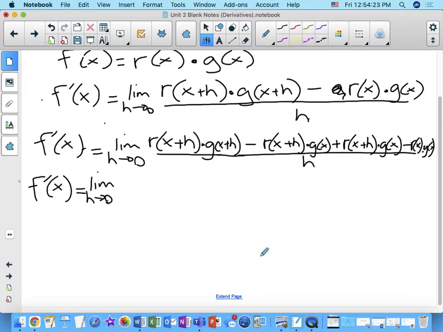So in these first two terms, I have this common factor of r of x plus h. So I'm going to factor that out. And what's left is g of x plus h minus g of x.